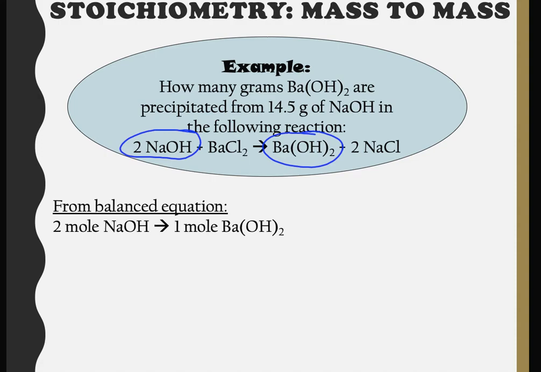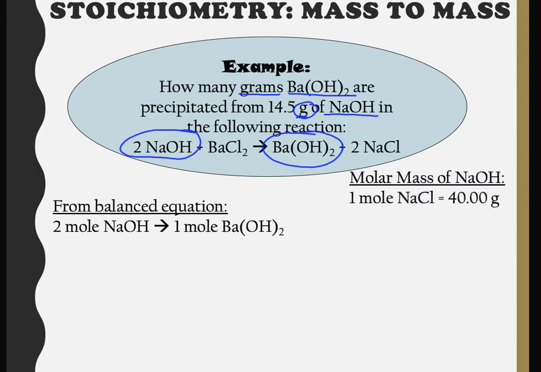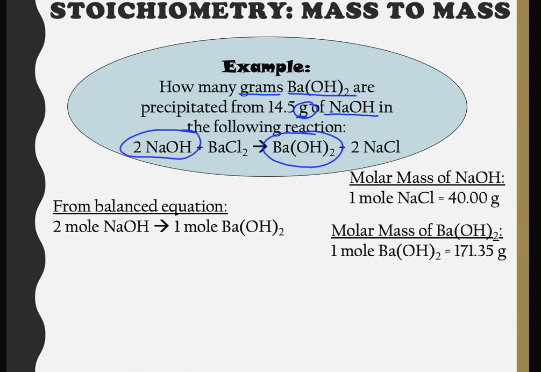And then the second thing that I notice is I'm starting at grams of sodium hydroxide, and I'm trying to calculate grams of barium hydroxide. So this is what tells me, the fact that I'm dealing in grams, that I need to know the molar mass of these two compounds. So I've already done that math for you.